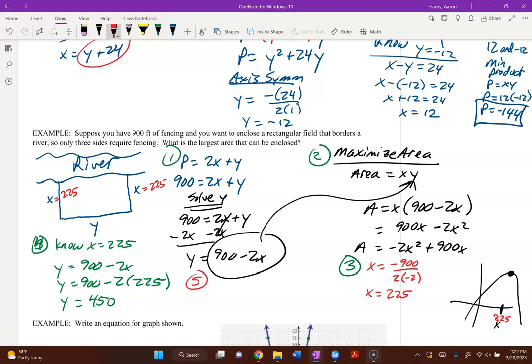Well, we know x and y. I got 225 as x, y is 450. Area is x times y. And I should say that's feet, so square feet.